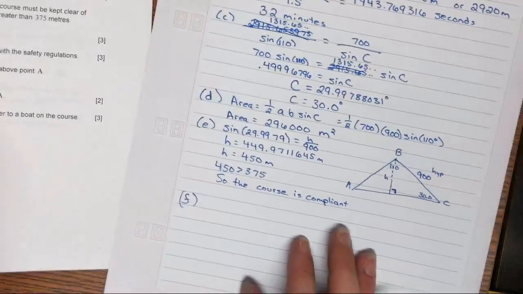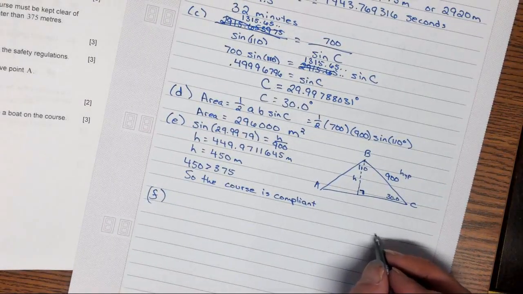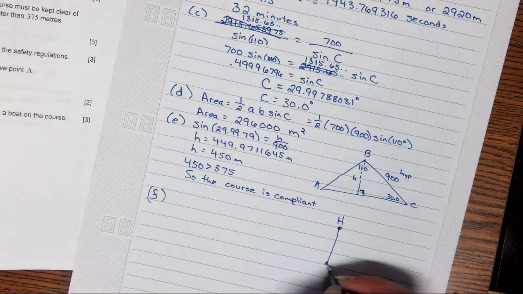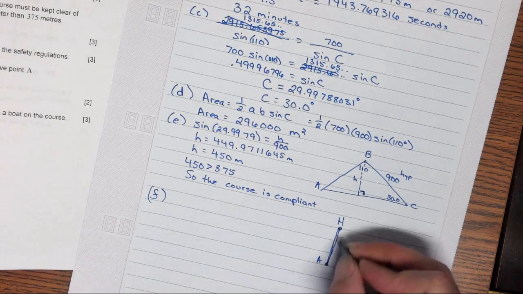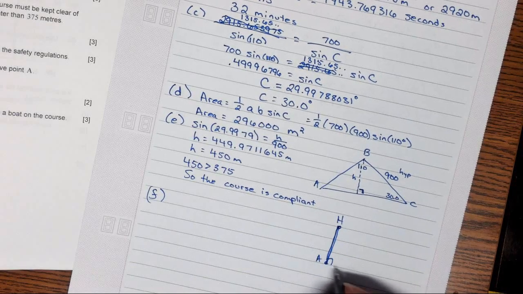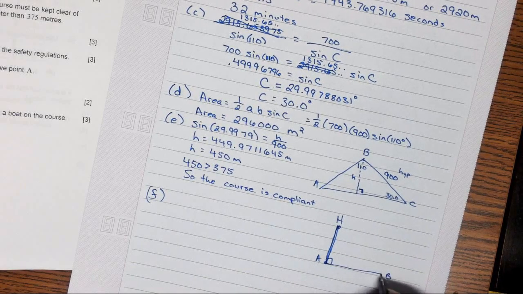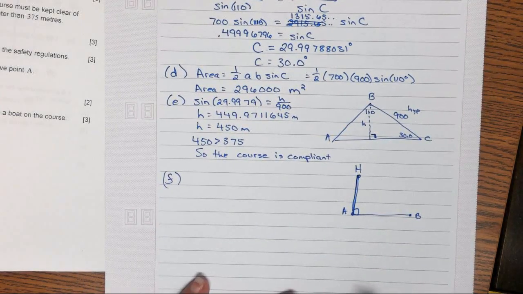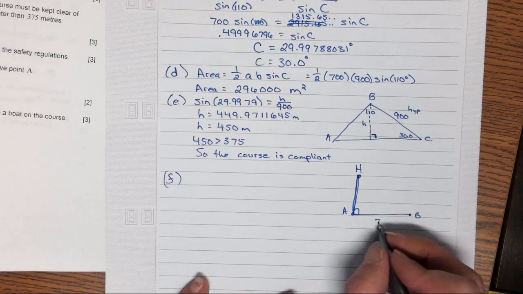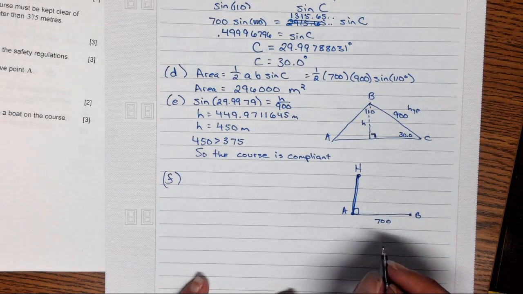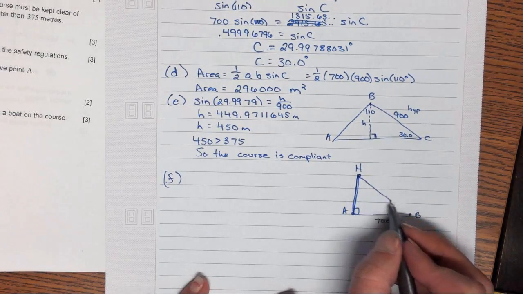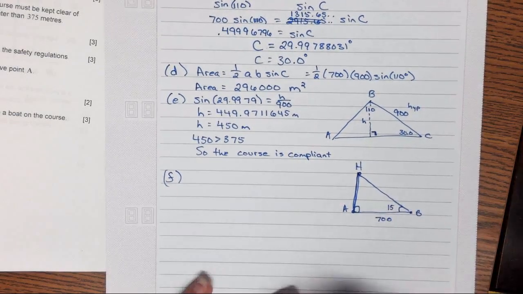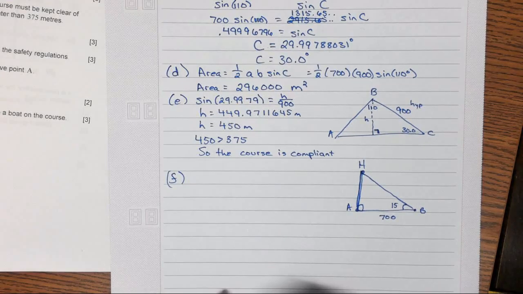I've got H up top, says right above A, so H is over point A, straight up, so that's a right angle. And if we're looking from the side view, we can put B there. We know the distance between A and B, that was 700. So the angle of elevation, this angle, is 15 degrees.